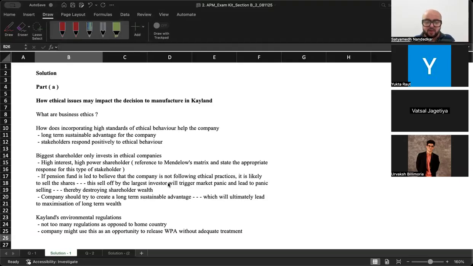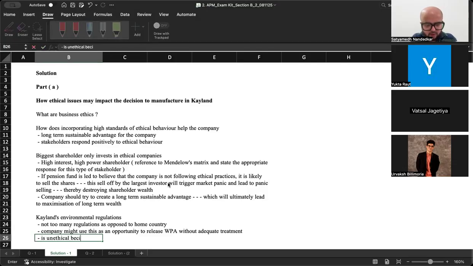It will be unethical because it could harm human health in the long term.